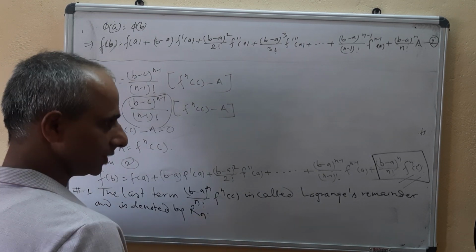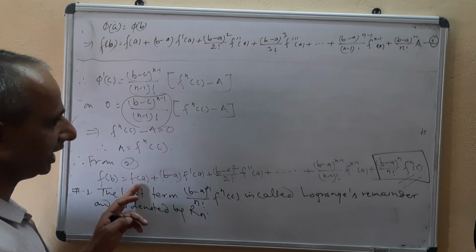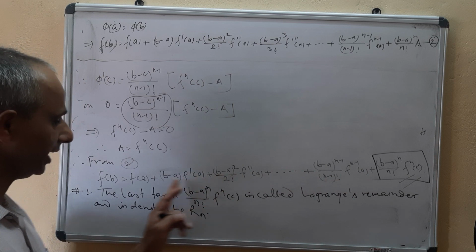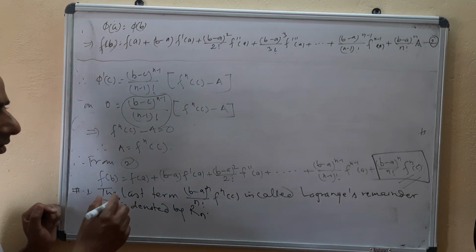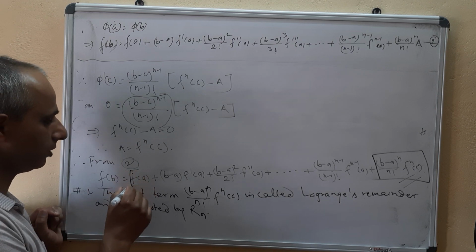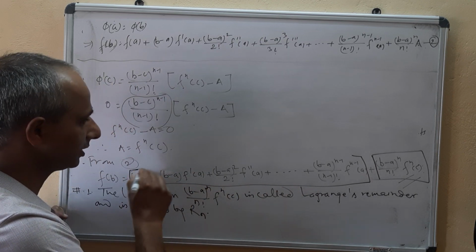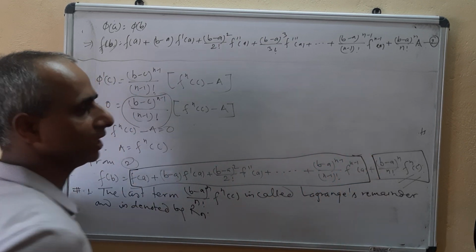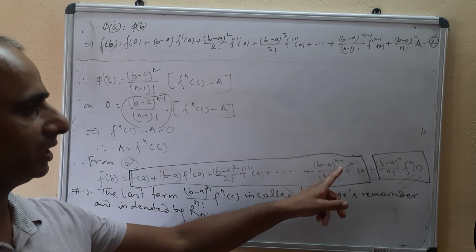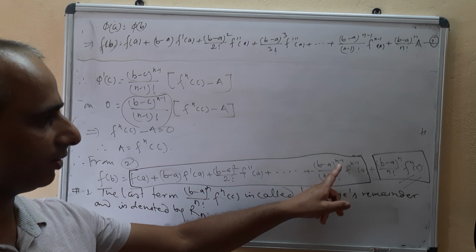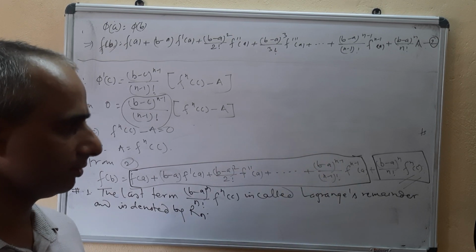You can see there are exactly n terms just before, from fa to fn minus 1 a. There are exactly n terms just before this remainder term. So this f of b contains two parts here. One from fa to fn minus 1 a, you can see the one part, isn't it? And you can see here this (b minus a) whole power n minus 1, and probably this is an n minus 1 degree polynomial, isn't it?